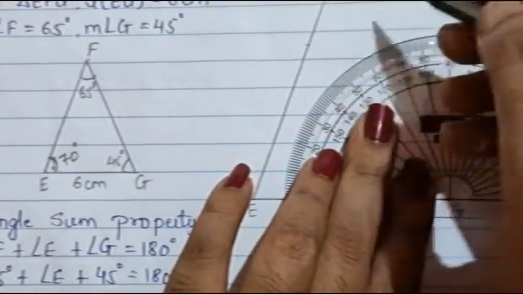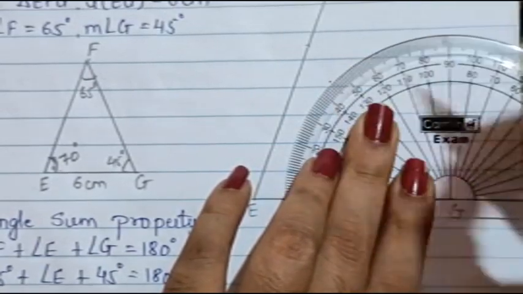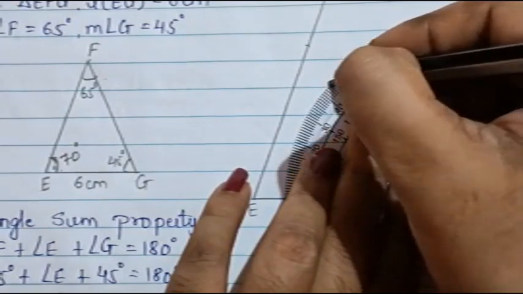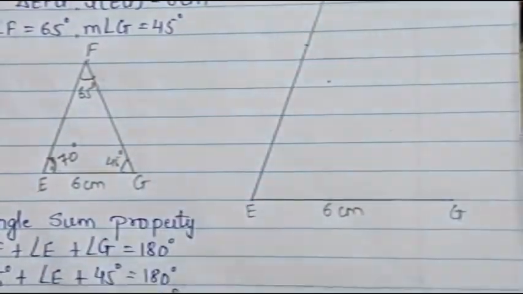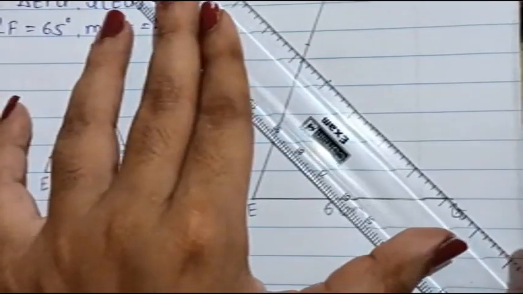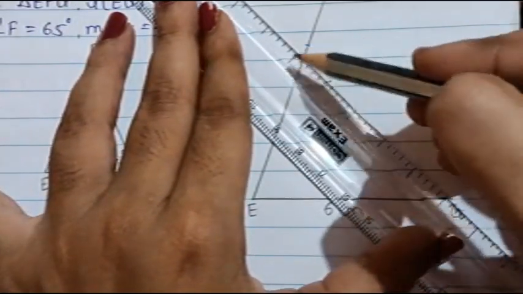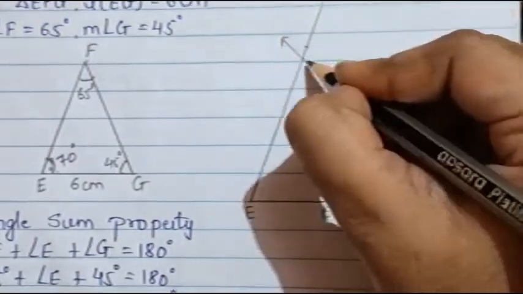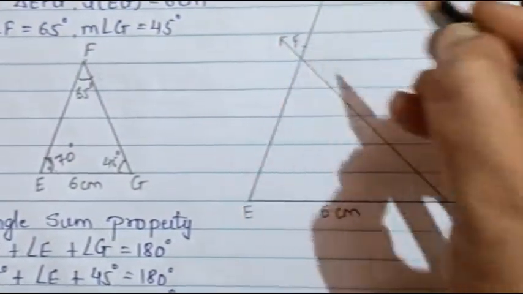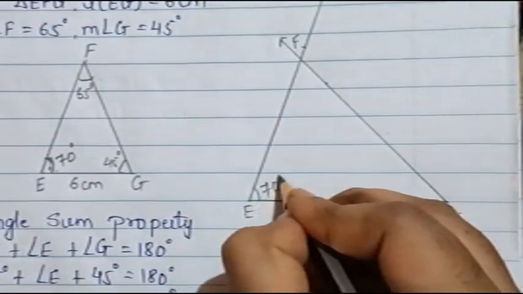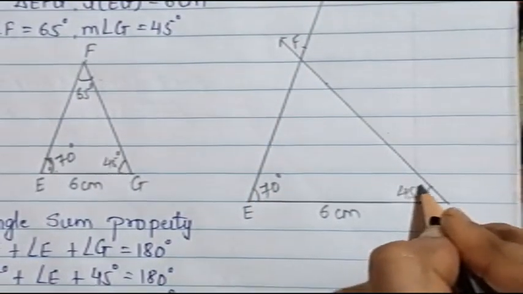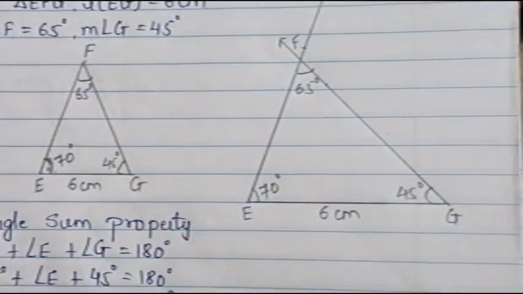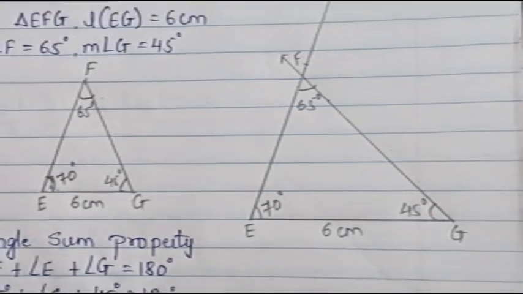So here it is, 45 degree. Clear? So then with the help of the scale again, and here you got the intersecting point, that is F. So this is 70 degree, this is 45 degree, and angle F is given 65 degree. Clear everybody how you are supposed to solve this question?